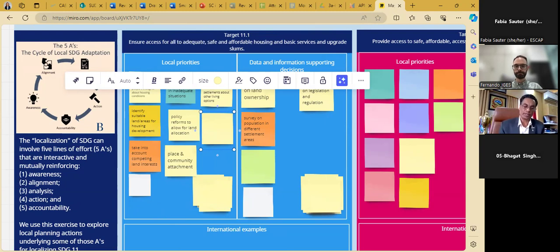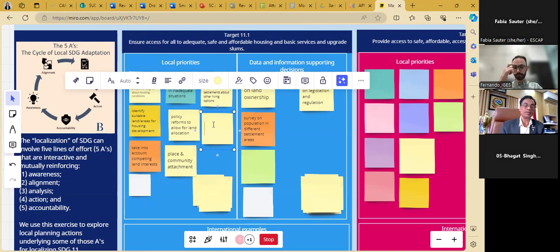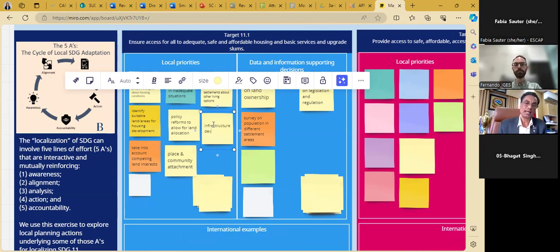We need to improve water supply and sanitation, and electricity. There is also waste management. These are the infrastructure developments we need to make accessible. And other housing improvements are needed too.